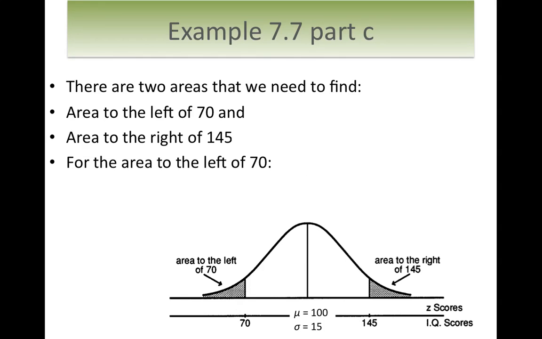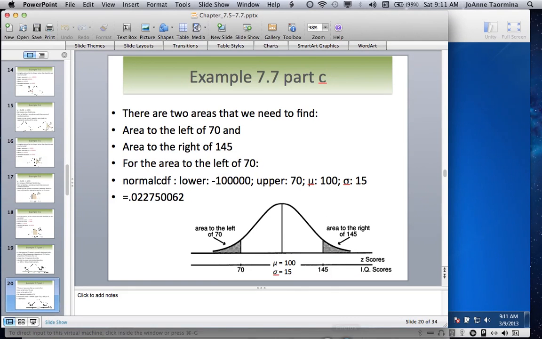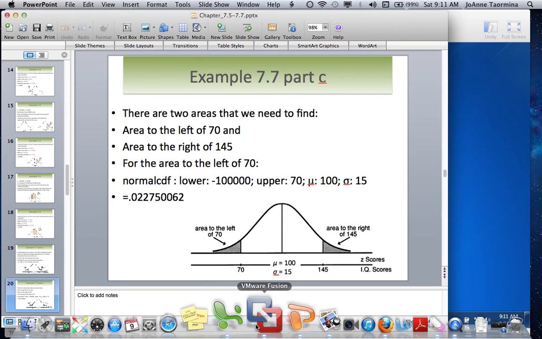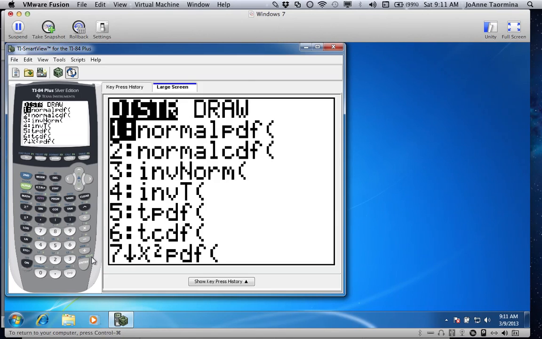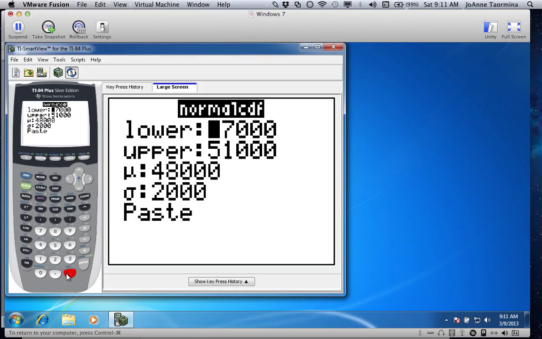So to find the area to the left of 70, we're going to go to our calculator and put in negative 100,000 for the lower raw score. We're going to enter 70 for the upper raw score.